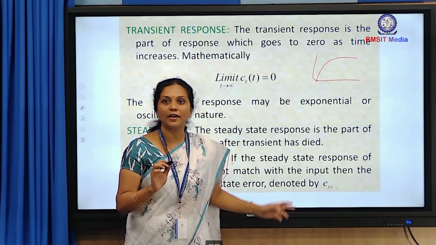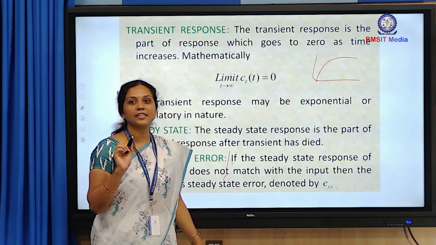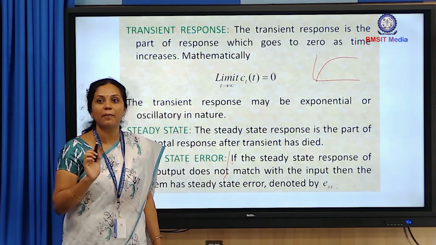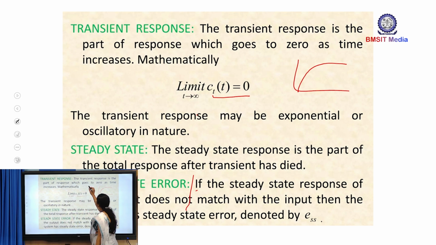After that, whatever input you give, there will be no change. So the response which goes to zero as time increases is called the transient response, and mathematically the limit as t tends to infinity of c_tr(t) equals 0, because according to the definition the response goes to 0 as time increases.